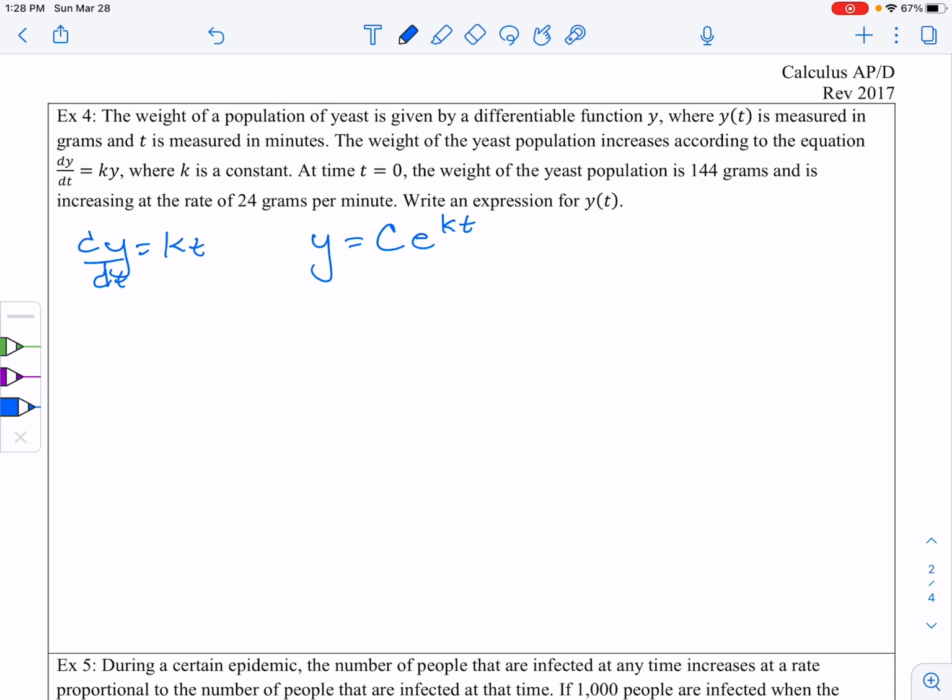So I plug it into this equation. Oh, I know. Never mind. Sorry. They're increasing at a rate of 24 grams per minute. So we're going to use that, plug it in here. So the rate's 24. Time is 0.